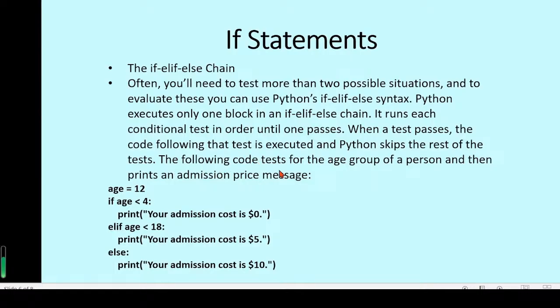The following code tests for the age group of a person and then prints an admission price message. So for example, age is 12. Then we run if age is younger than 4, then print this message. But if this fails, then Python will test this conditional test: if it is younger than 18 but older than 4.